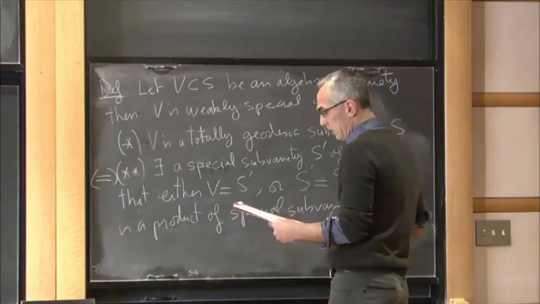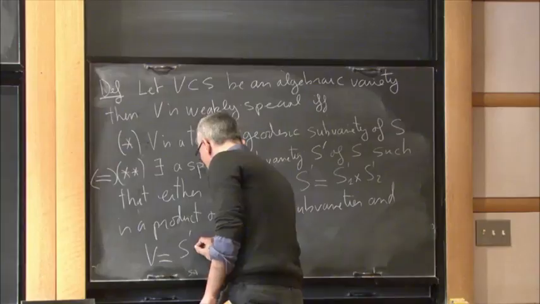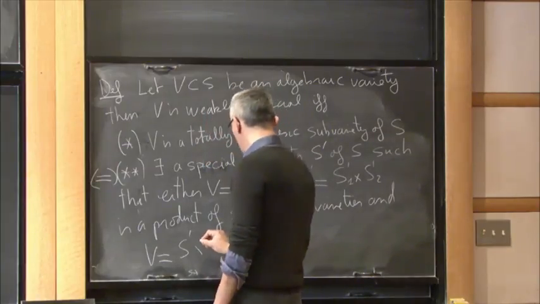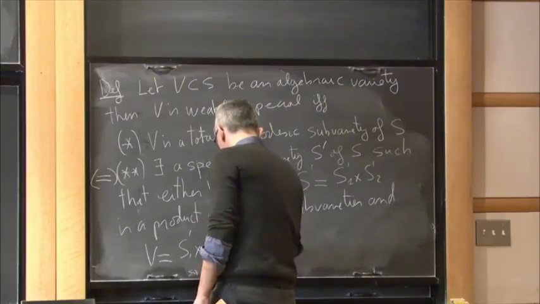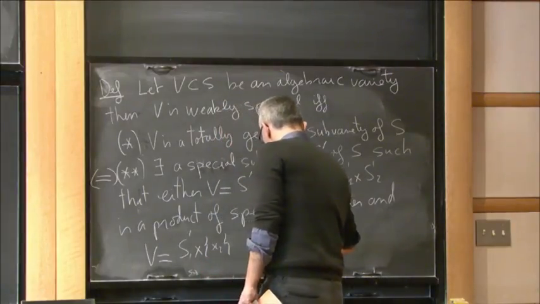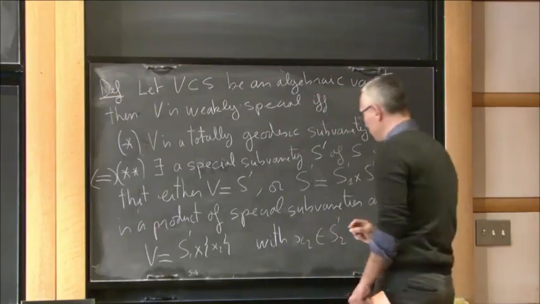And V is just of the form S'1 cross a point x2 for a point x2 of S'2.